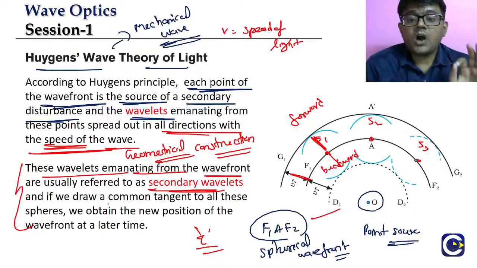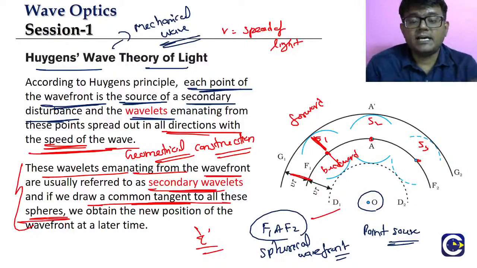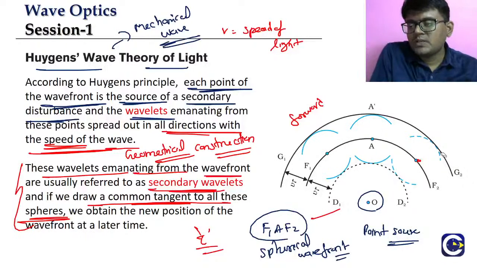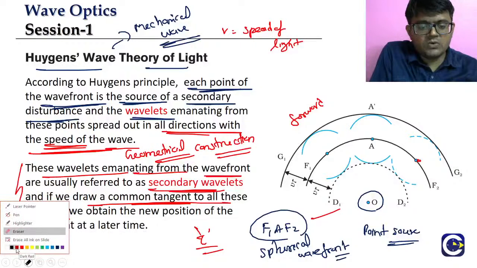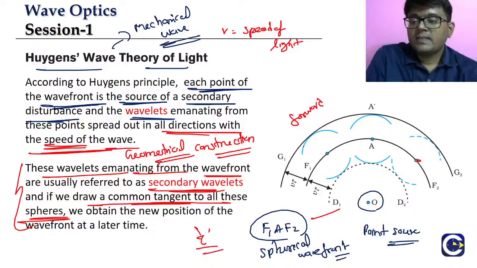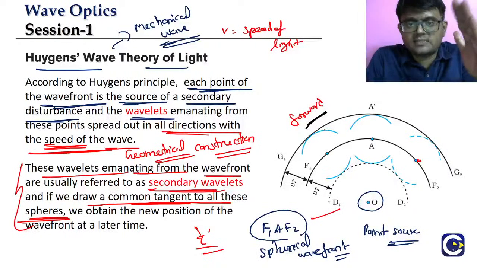If we draw a common tangent to all these secondary wavelet spheres, because they will also be spherical, look at this. On the forward side, if you draw a common tangent, the tangent need not be a straight line.